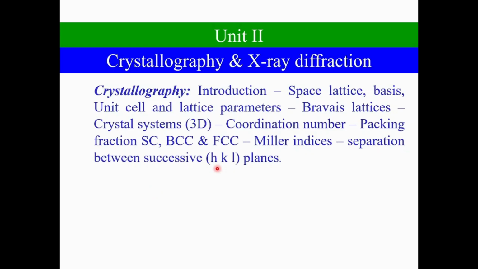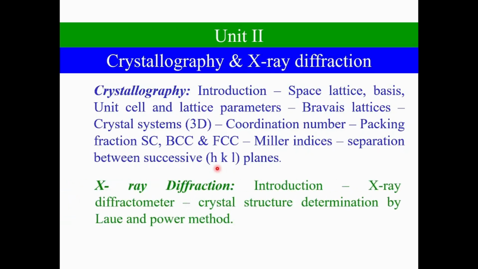After this crystallography chapter, we'll discuss X-ray diffraction: introduction, X-ray diffractometer, crystal structure determination by using the Laue method and the Powder method. These are the two chapters included in Unit 2 of the Engineering Physics syllabus.